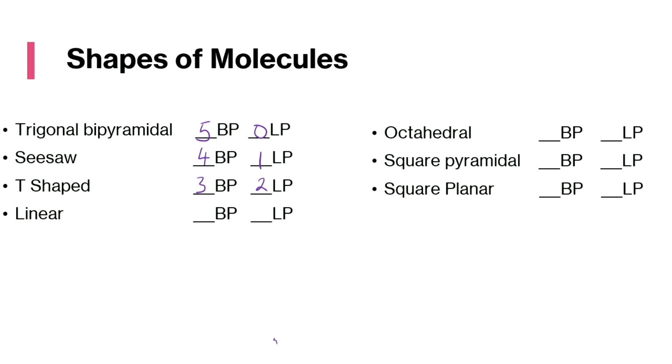For linear, we're going to have 2 bonding and 3 lone pairs. For octahedral, we'll have 6 bonding and 0 lone pairs. Square pyramidal, we'll have 5 bonding and 1 lone pair. For square planar, we're going to have 4 bonding and 2 lone pairs.